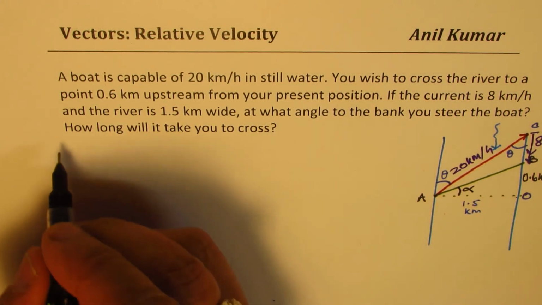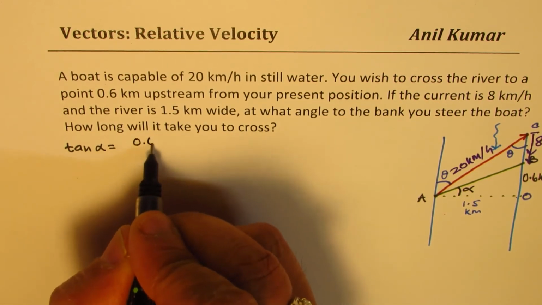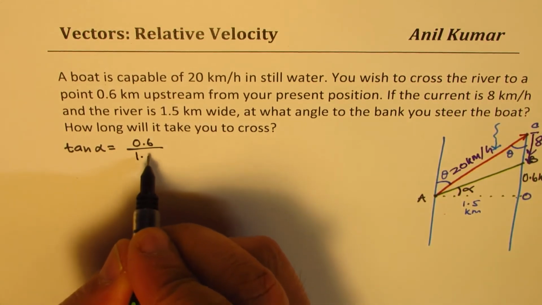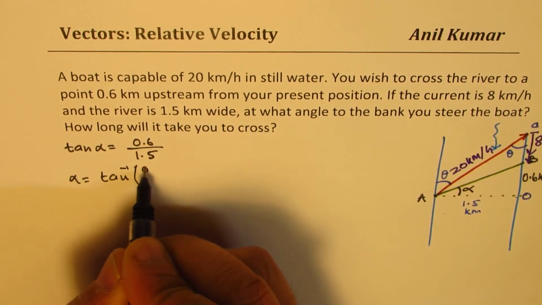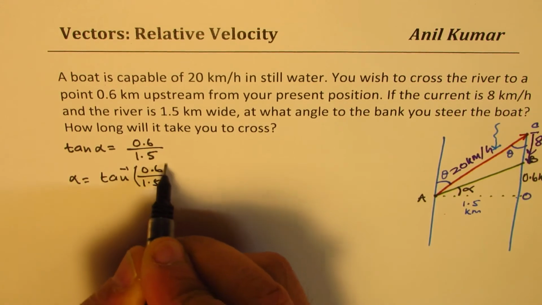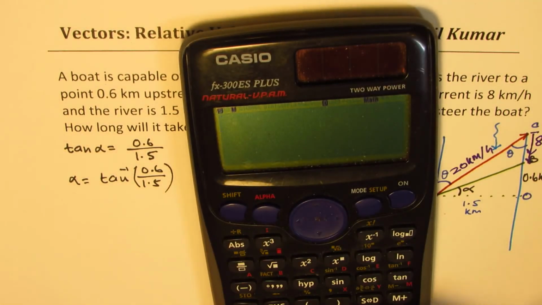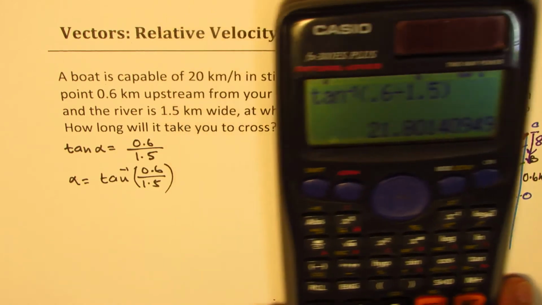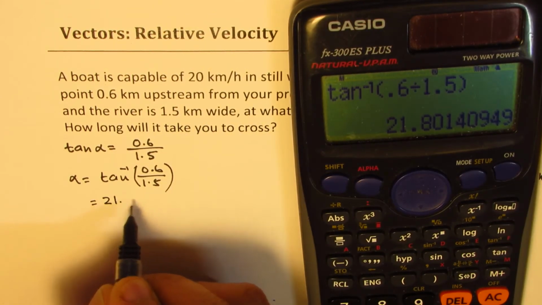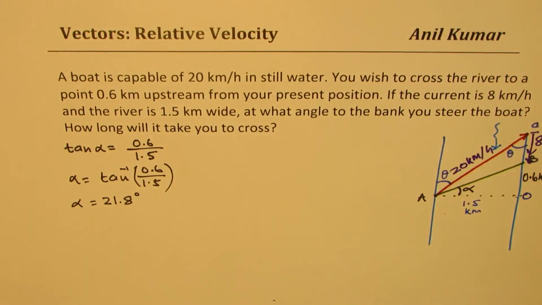We know these two sides, so tan of alpha is equal to 0.6 over 1.5. So alpha is equal to tan inverse of 0.6 over 1.5. Let's find this angle first. Tan inverse of 0.6 divided by 1.5 is 21.8 degrees. So we get this angle as 21.8 degrees.